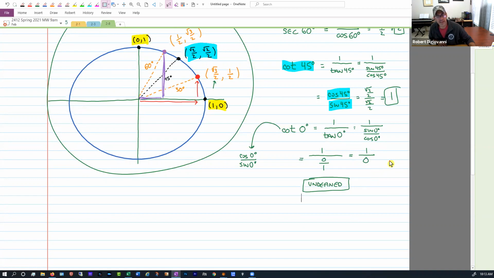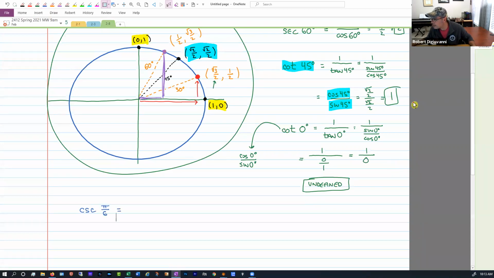So we can get undefined as an answer if we get division by 0, right? It's possible. All right, let's do one more. We haven't done cosecant. Let's do cosecant. What is cosecant of pi over 6?